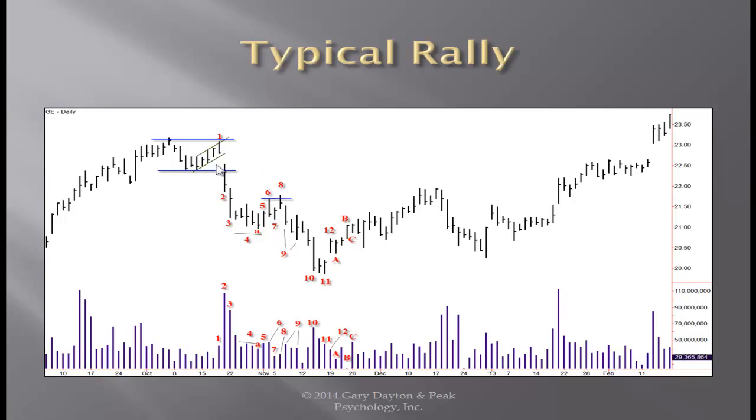We see on bar C, as we try to get above, bar C is a narrow spread bar, basically level, closing on its highs, but we see a big increase in volume. What does that mean? Well, we're coming right into this resistance level, right? This was support before. It's now going to be resistance in here.